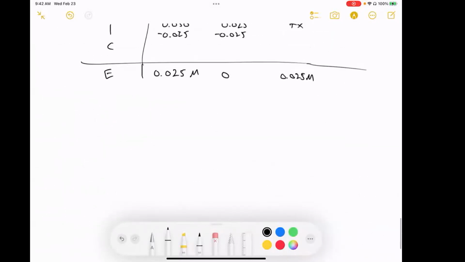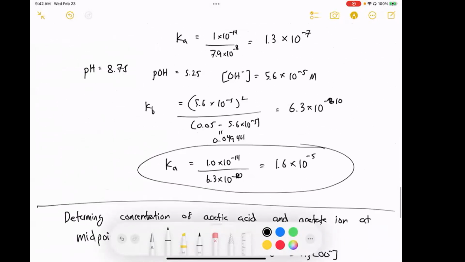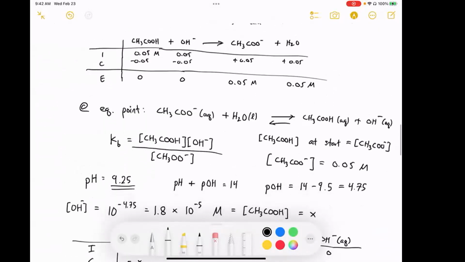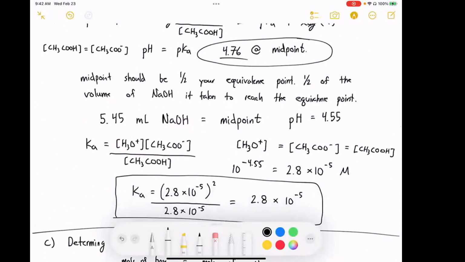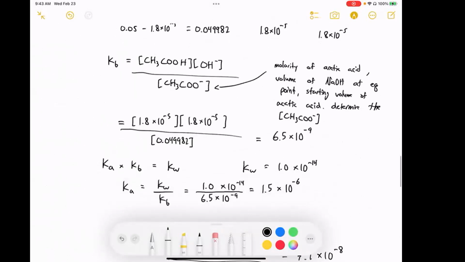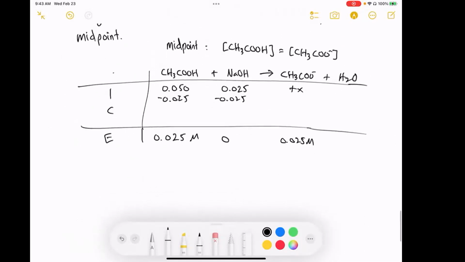And by using that Henderson-Hasselbalch equation, or by just calculating the pKa, which we did right here, we can determine the Ka of acetic acid. And then you can determine the equilibrium concentration of H3O plus.